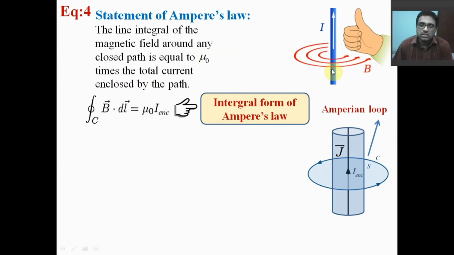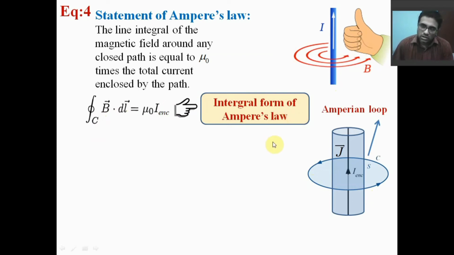Here this is the enclosed current, and we are considering this closed path, and you know that the direction of the magnetic field will be tangential to this loop, right? So the closed line integral of B dot dl will be mu 0 I enclosed. This is the integral form of Ampere's law.